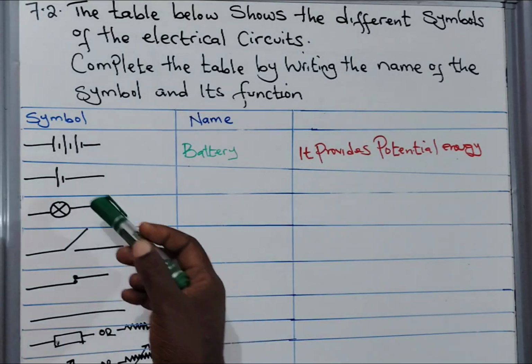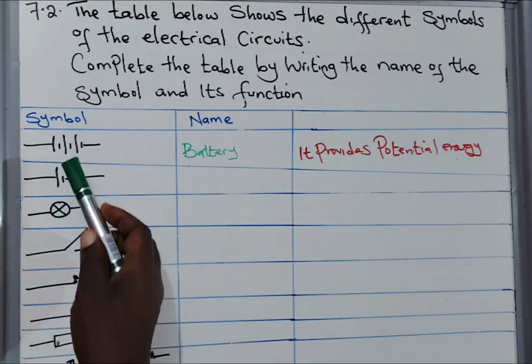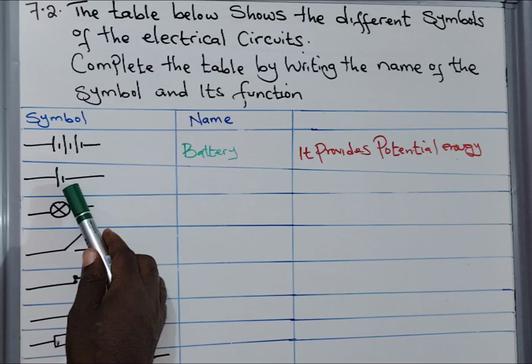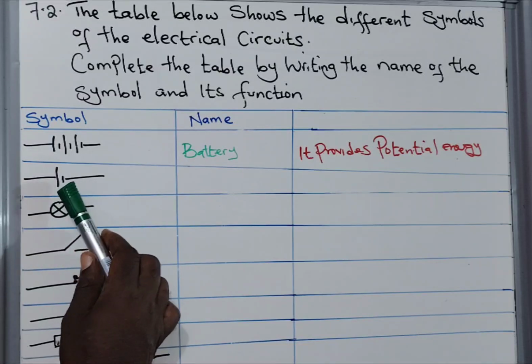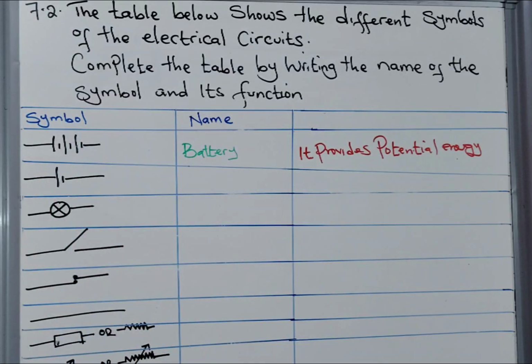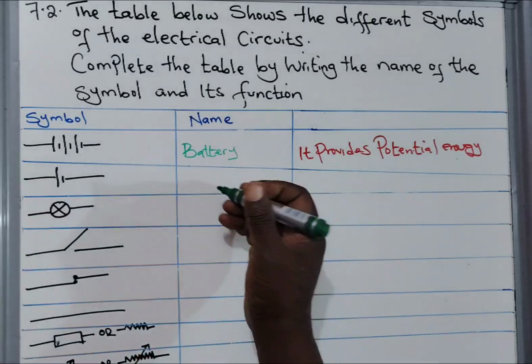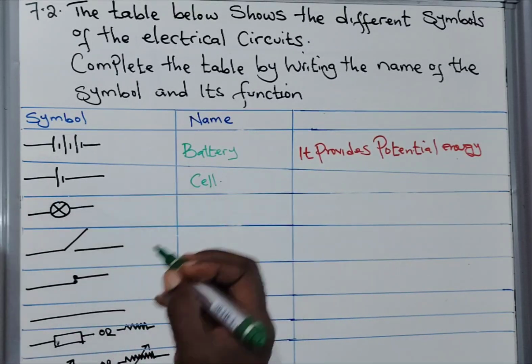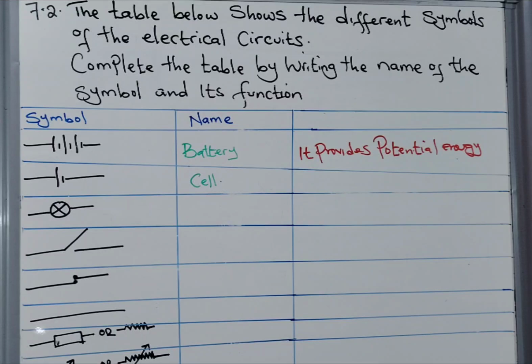Then we come to this one. What is this one? These two resemble each other, but this one is slightly different. This is a cell. You have to know that what you call a battery is an assembly of cells.